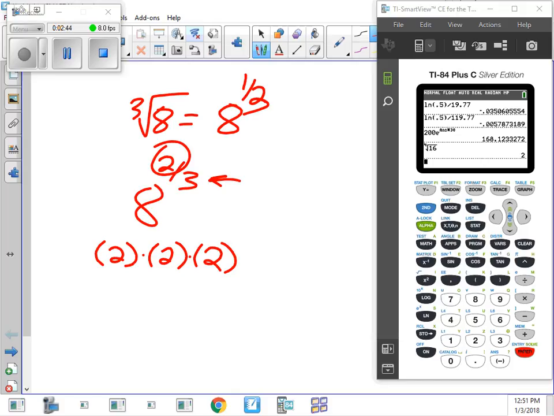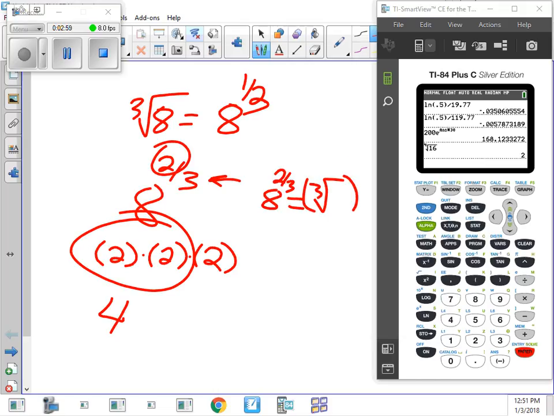We're going to take 2 out of the 3 multiplications. So this would equal 4. So 8 to the 2/3 is equivalent to the third root of 8 squared, or 2 times 2. And that's where we're headed.